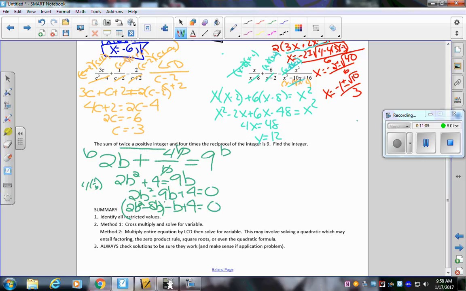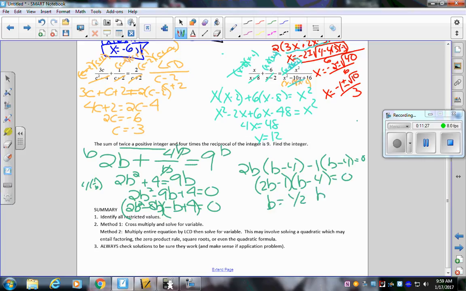So I can group. So I have 2b times b minus 4 minus 1 times b minus 4. So we get 1/2 and 4. Now looking at it, my only restriction in the beginning was b can't be 0.